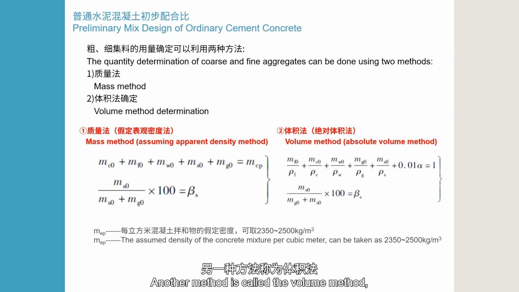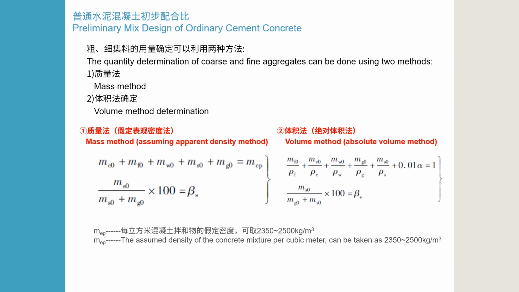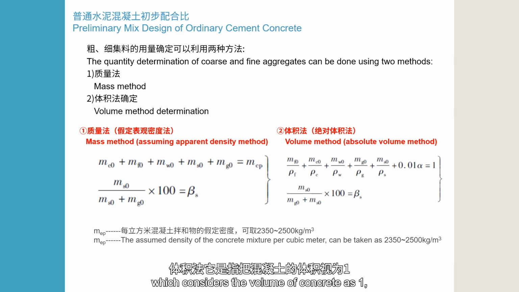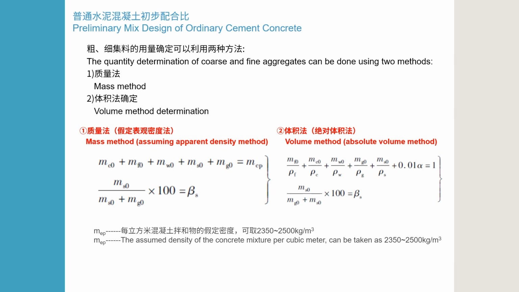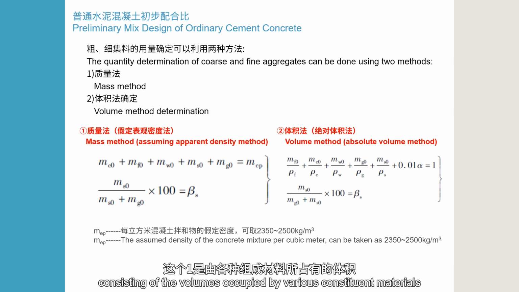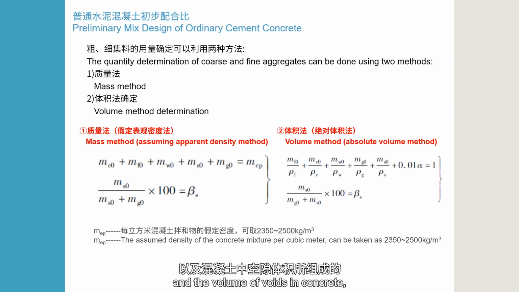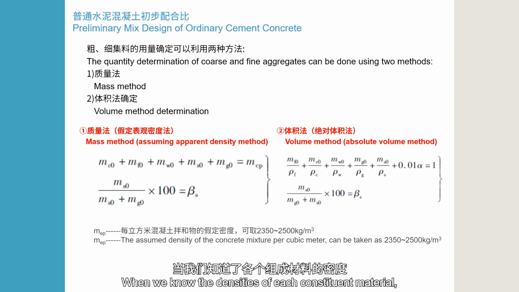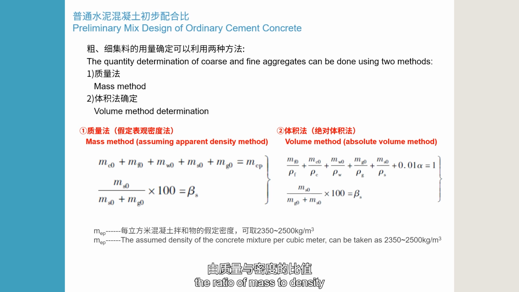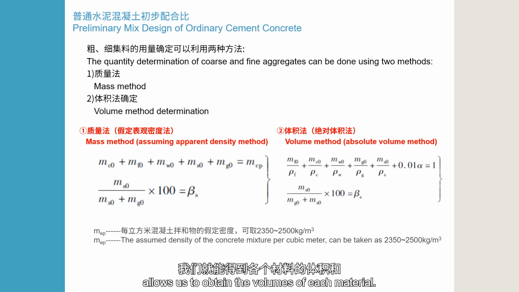Another method is called the volume method, which considers the volume of concrete as 1, consisting of the volumes occupied by various constituent materials and the volume of voids in concrete, as shown in the formula above. When we know the densities of each constituent material, the ratio of mass to density allows us to obtain the volumes of each material.